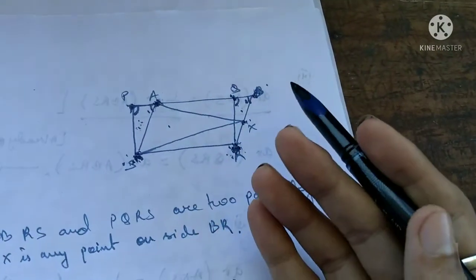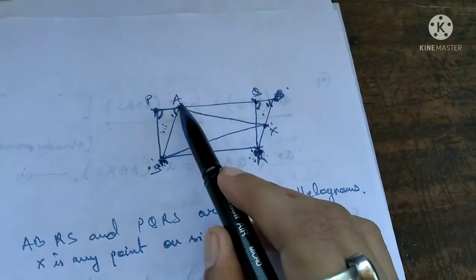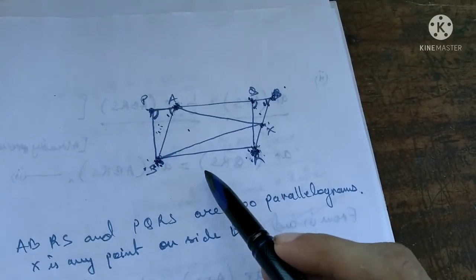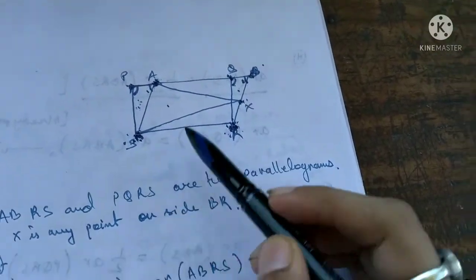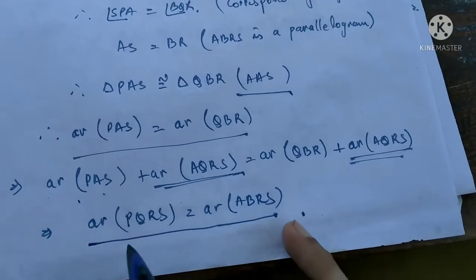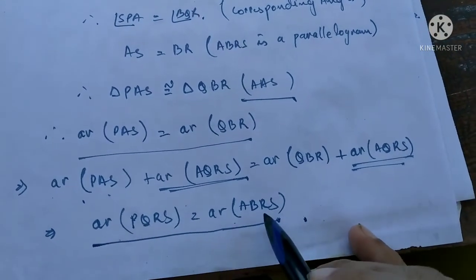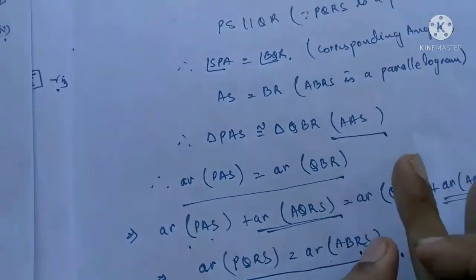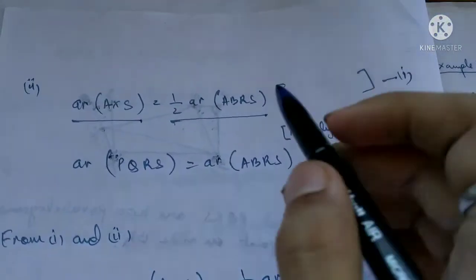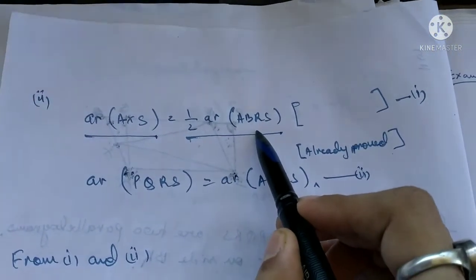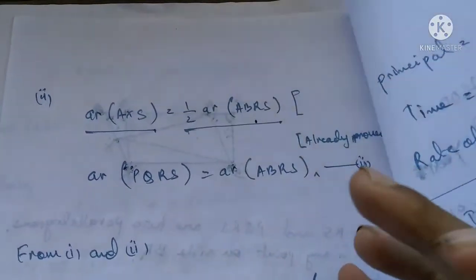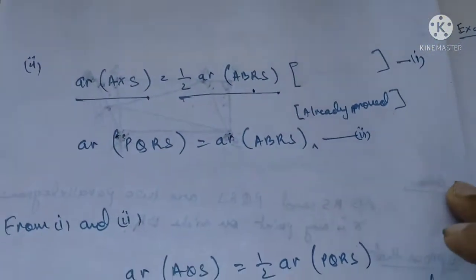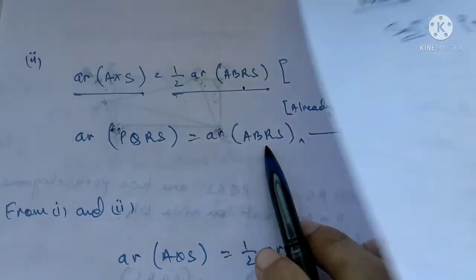So next, directly I can say that area of AXS is equal to half the area of PQRS, because from here I can say that area of PQRS is equal to area of ABRS. Yes or no? So instead of writing half area ABRS, this is area of PQRS equals area of ABRS.